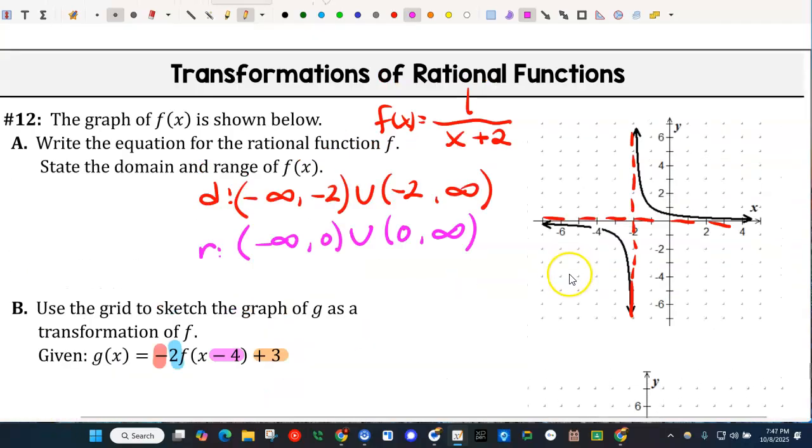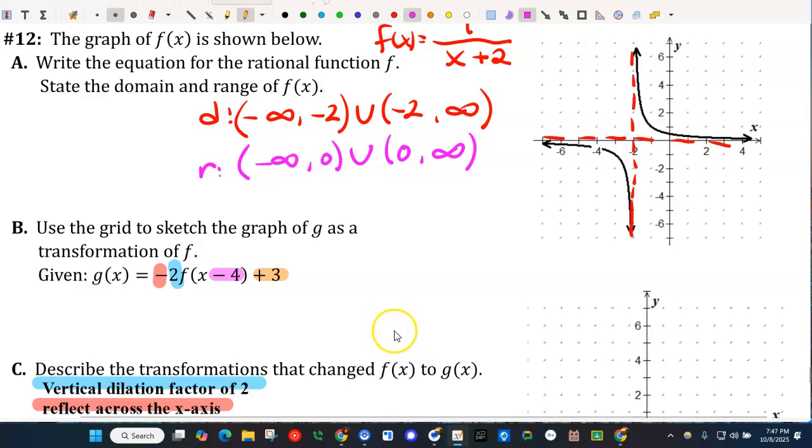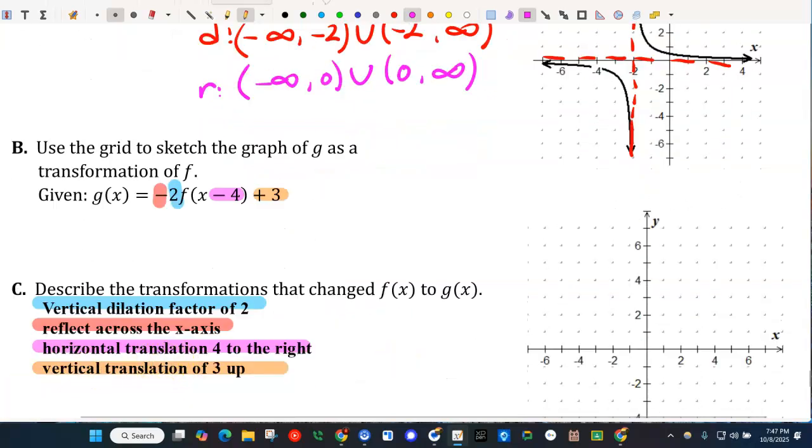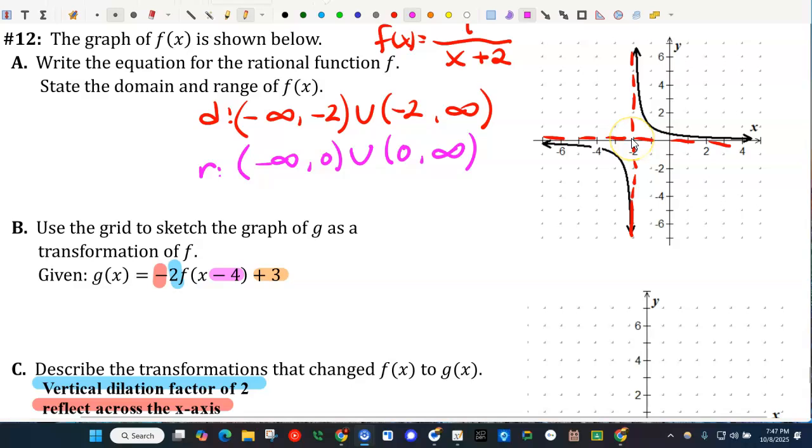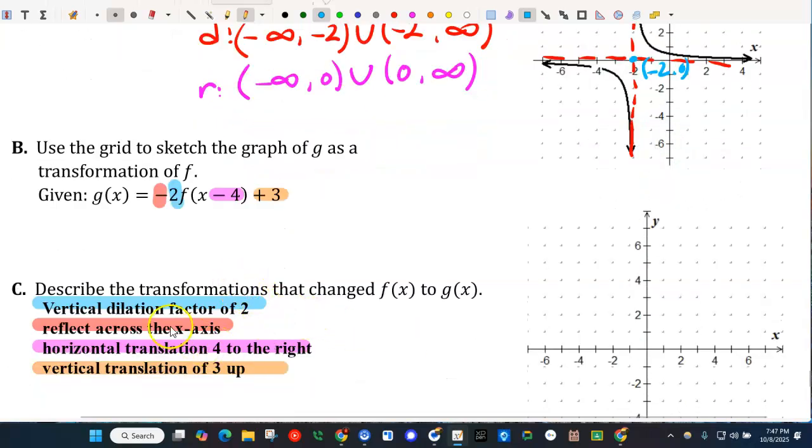So my original asymptotes started right here, at -2, 0. And I'm going to translate horizontally 4 to the right and then 3 up. So from that point, I'm going to go 4 to the right, to +2, and 3 up. That way I know exactly where my asymptotes are and put those in first.